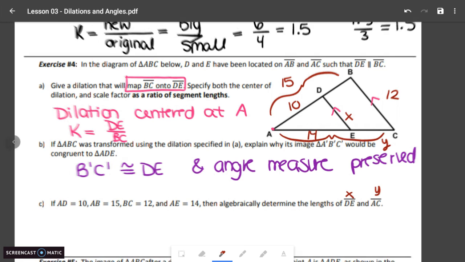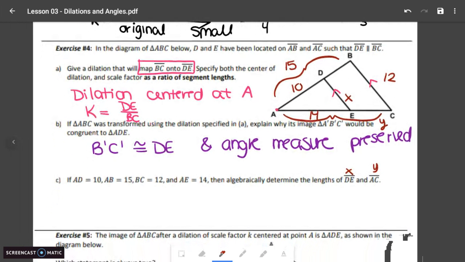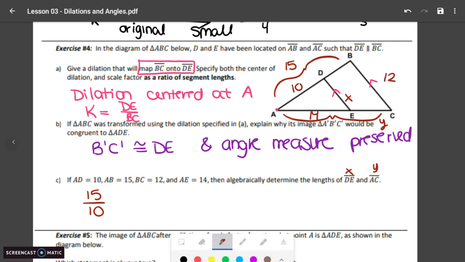So first thing I should notice is that all these sides have to be in the same proportion. So they all have the same scale factor. So with that same scale factor, I'm going to take, let's say, 15 over 10, because those are the pieces that I know for sure. If I went to find 12, 12 is part of the bigger triangle, just like the 15 was.